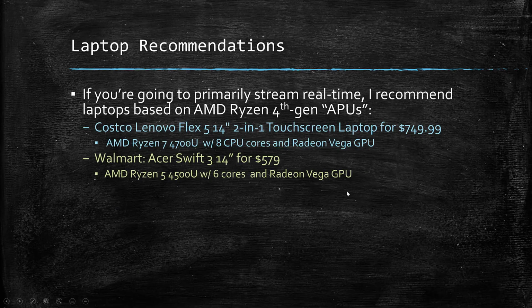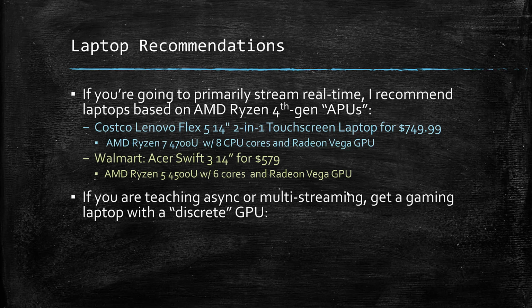Now, what if you do need to do something a little bit more computationally intensive, or you're planning on rendering videos? Well, in that case, you want to look for something that has a discrete graphics card separate from the graphics for the CPU. It doesn't mean you can't go for something that also has a decent processor too.